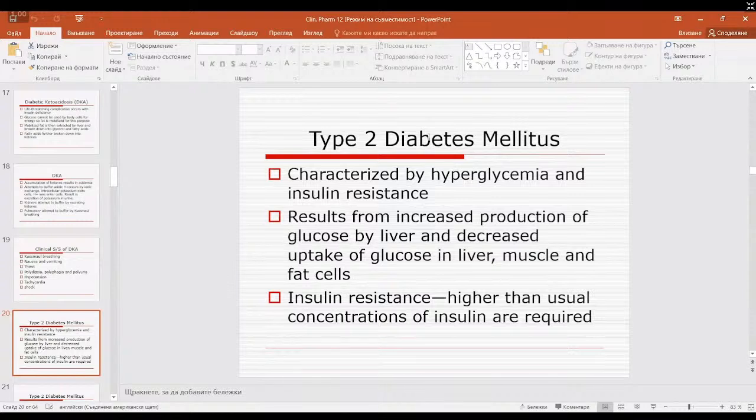Remember that patients with type 2 diabetes have functioning pancreatic beta cells, so they're able to produce insulin. So when there is a higher need of insulin production, they can do this, but this is not always possible in order to overcome the insulin resistance that has already developed in their cells.